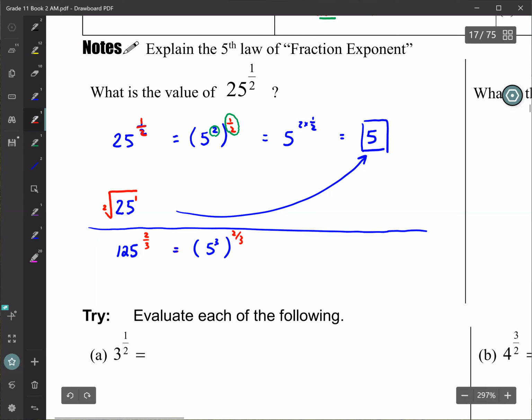Because they're both exponents, the 3 and the 2/3, I can write it as 3 times 2/3. What is the answer to that? Aaron?